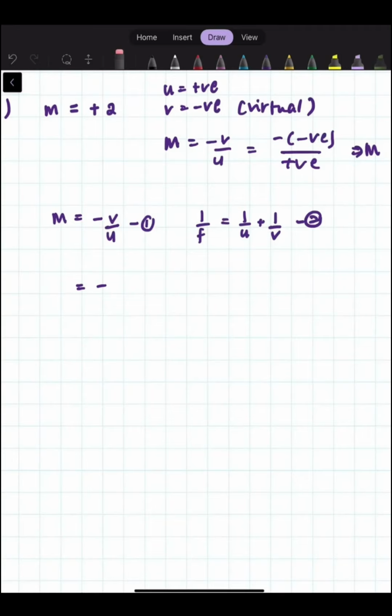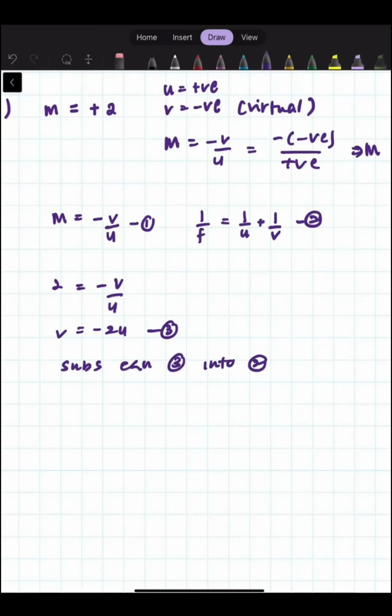Sub in our values. Rearrange to get v. This is our third equation. Sub in our third equation into our second equation.